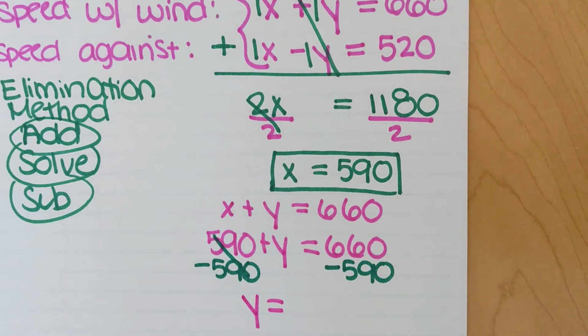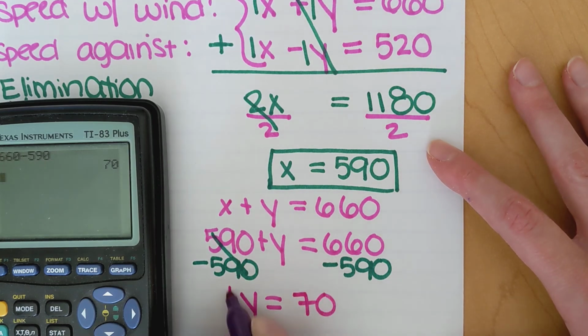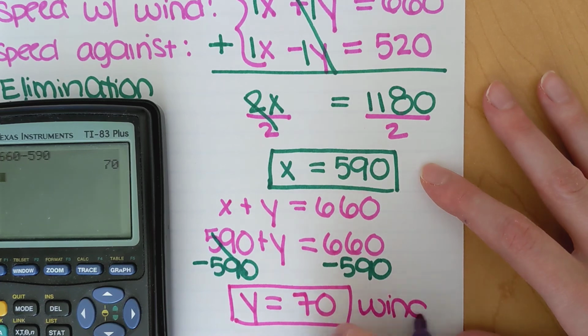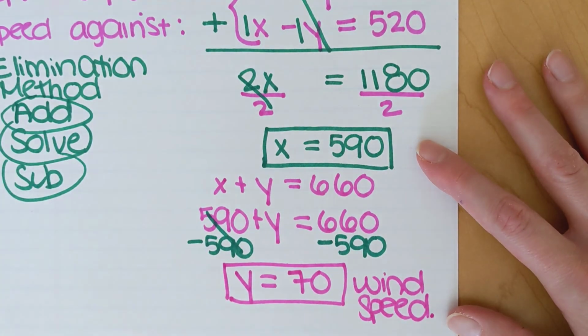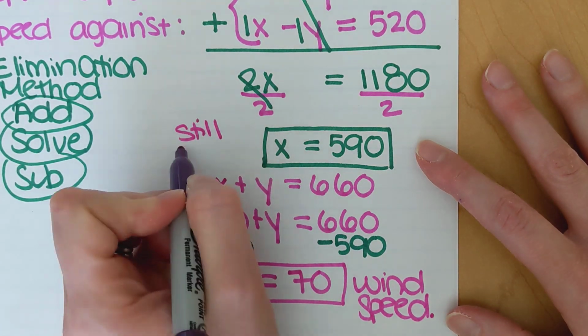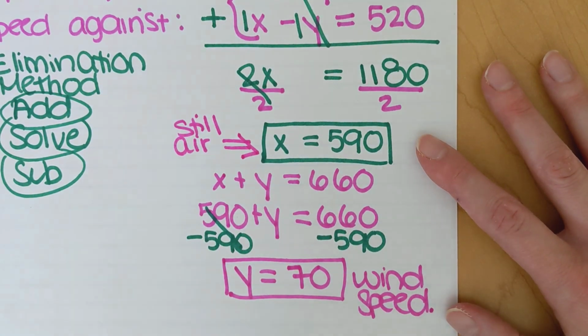So again, all you're going to do is take the 660 minus the 590, and that gives you 70 for the wind speed. So your engine speed, or plane in still air speed, is the 590, excuse me, that would be your still air speed. And then your wind speed is the 70.